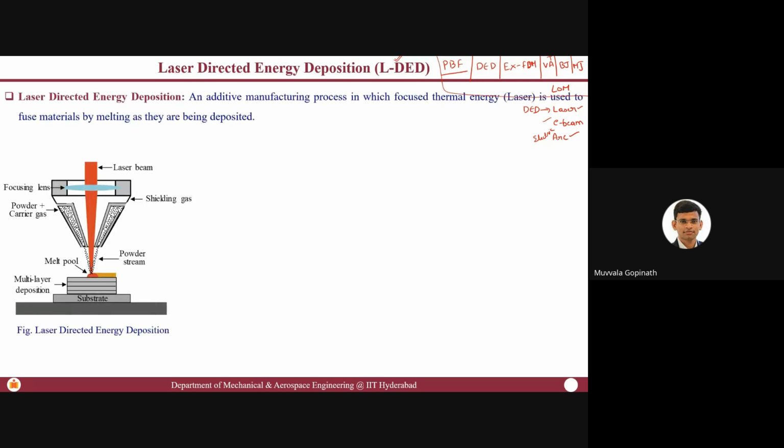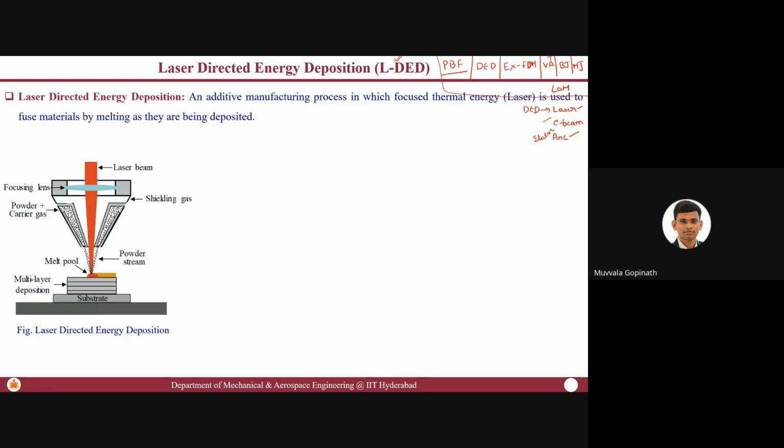By definition, in this process, material is simultaneously fed, melted, and deposited. First we will try to understand what happens in an LDED process, and the moment I show you the components that we build using it, you will be able to appreciate how useful this process is in manufacturing.